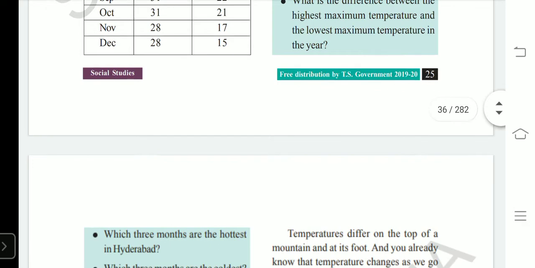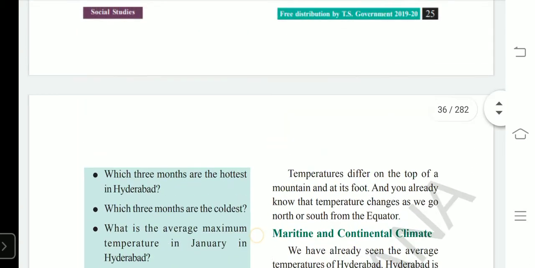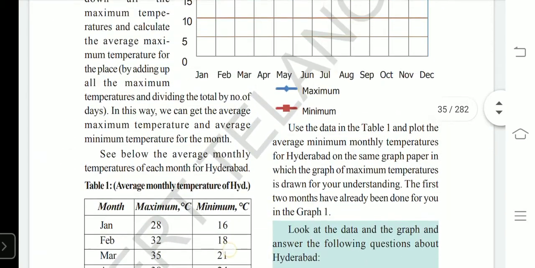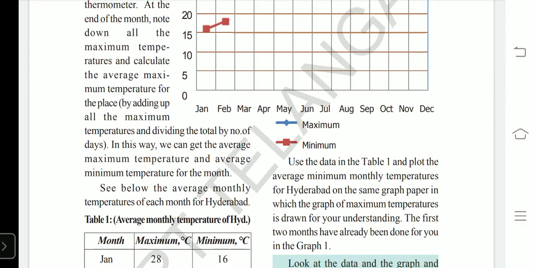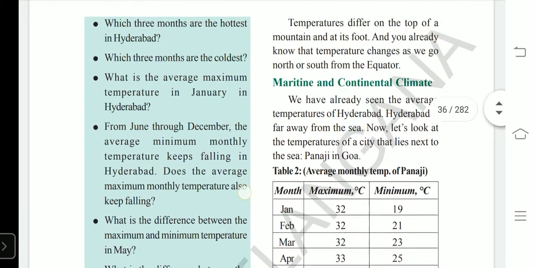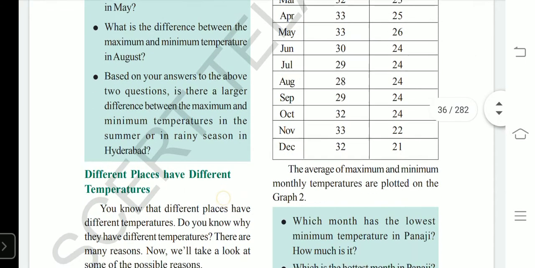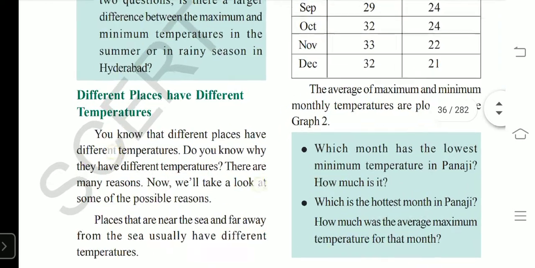So let us look into how places have different temperatures. Now going here, we see that different places have different temperatures. Understand?